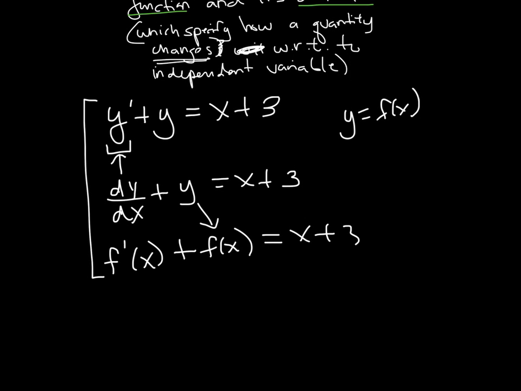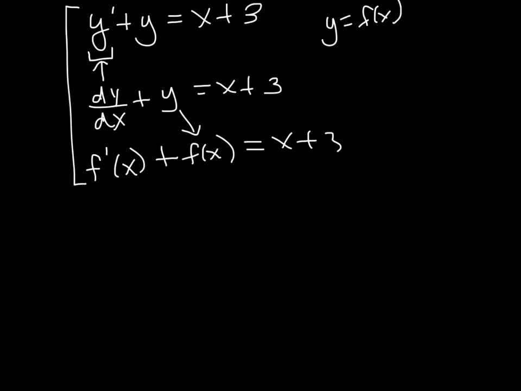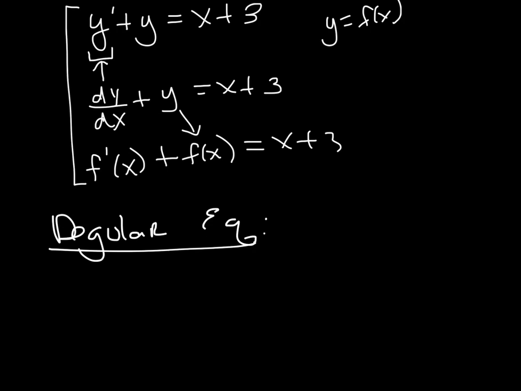Okay, so that's a differential equation, just one example. But what's a regular equation? Because there's a big difference. And there's, again, numerous equations I can write here. I'm just going to pick one, a trigonometric equation. So a regular equation, or in other words, a non-differential equation.